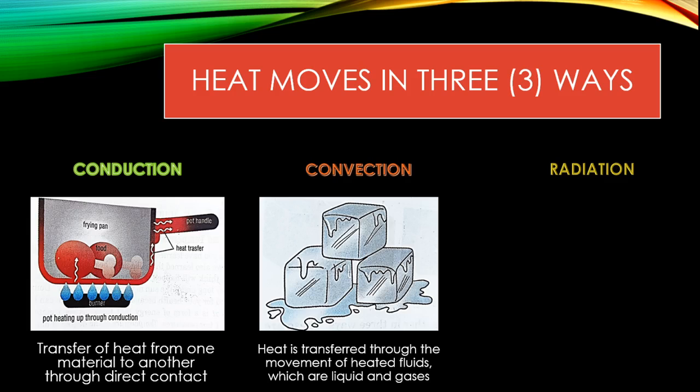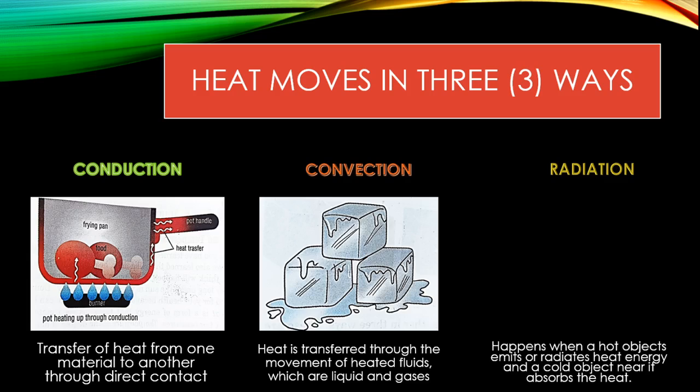Usually, convection can be seen in the flow of heat from the air to the ice cubes, the transfer of heat from a steaming cup of hot chocolate drink to the air, and the way in which hot air in a hot air balloon causes the balloon to rise. So that is an example of convection. Heat from the air to the ice cubes makes it melt. Another example is melting ice cream.